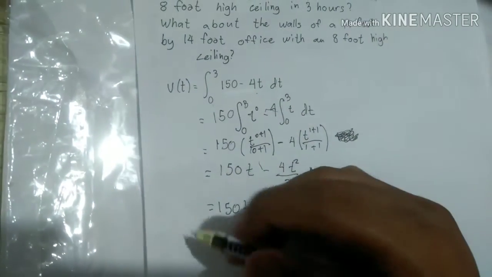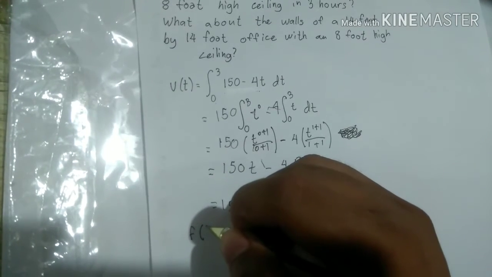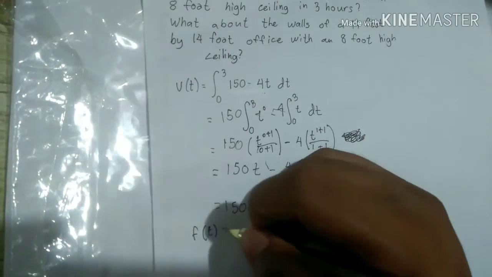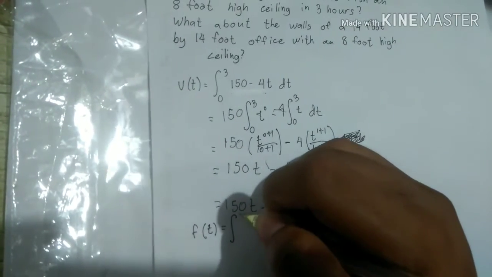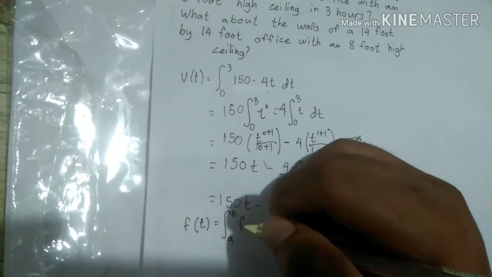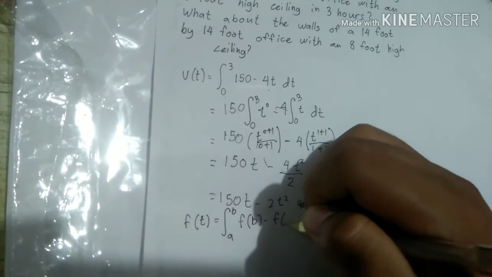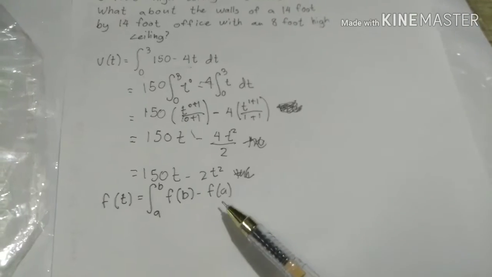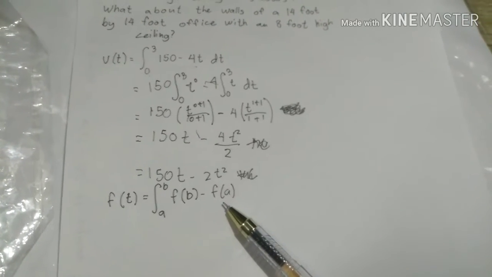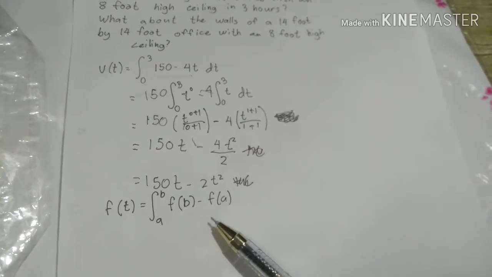So we will follow the formula: the integral from a to b of f of t equals f of b minus f of a. We need to follow this theorem for us to know how many square feet Sonia can paint in 3 hours.